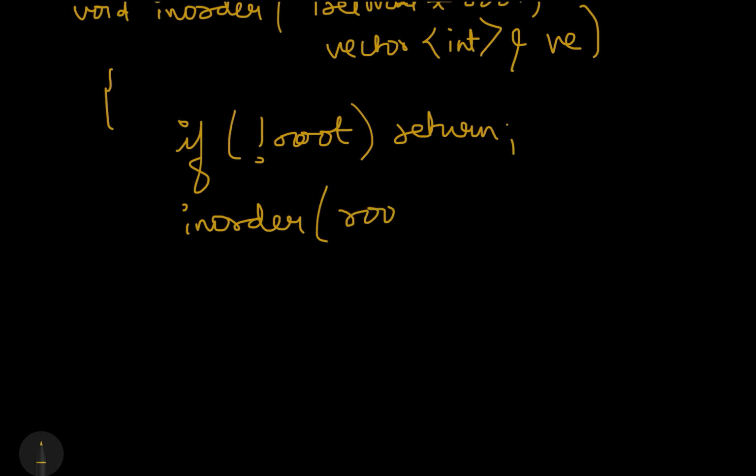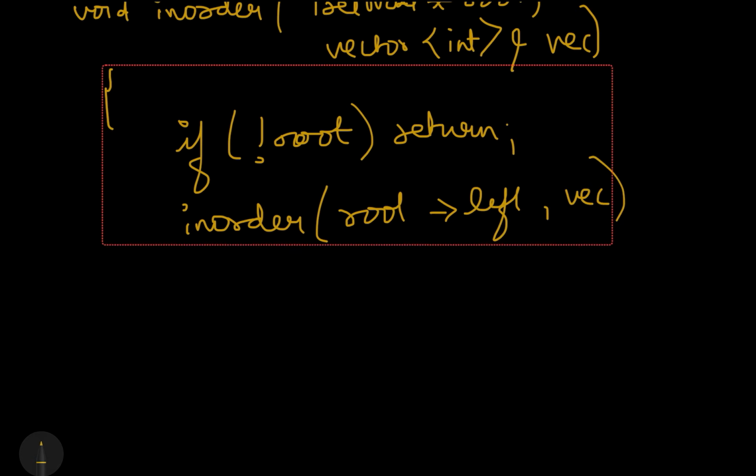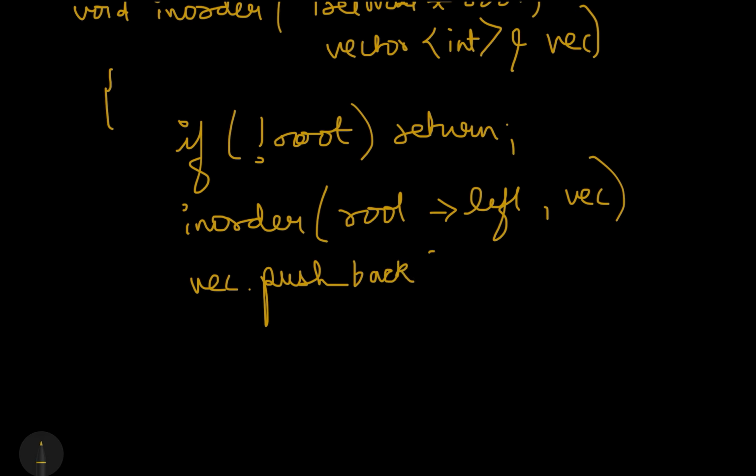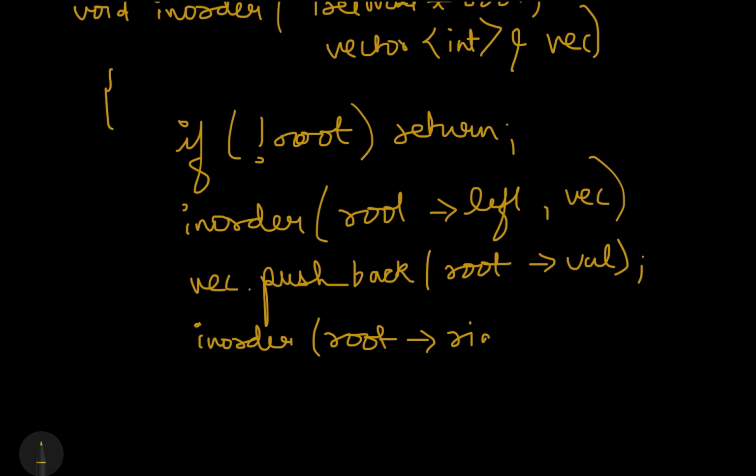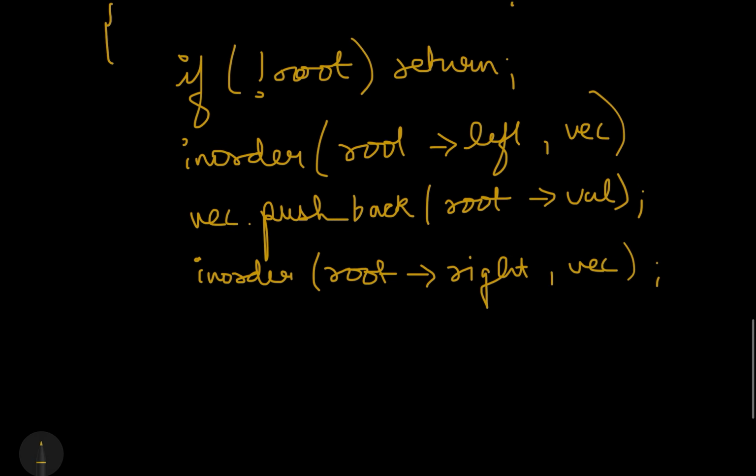Okay, otherwise what we'll do is the left traversal, that is root of left comma vec, and then we'll push back the root's value, and then we do the right traversal, root of right comma vector.